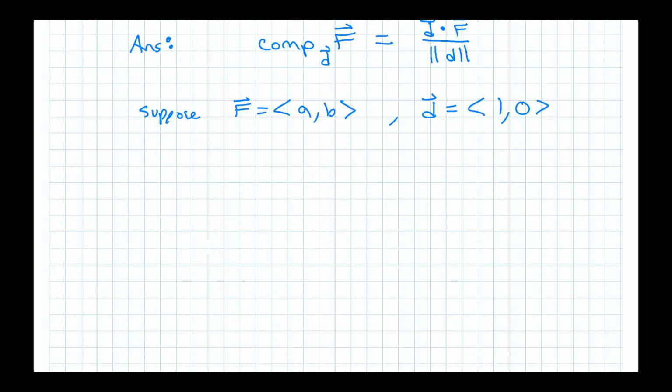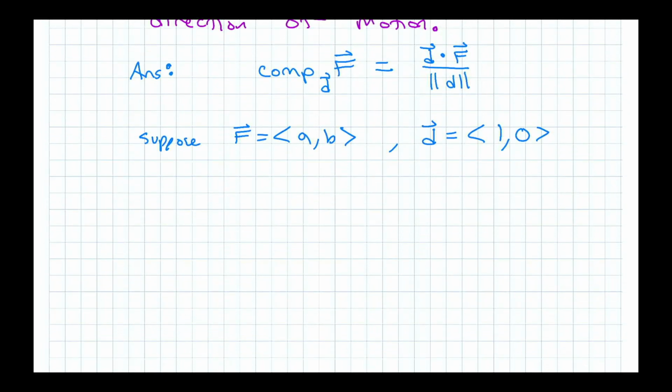So suppose the force was (a, b) and the direction is (1, 0). Then you'd be able to calculate that, and it would simply be comp F onto D, which is D dot F, so (1, 0) dot (a, b), over the magnitude of D, and it turns out that would just be a. Why is it a?